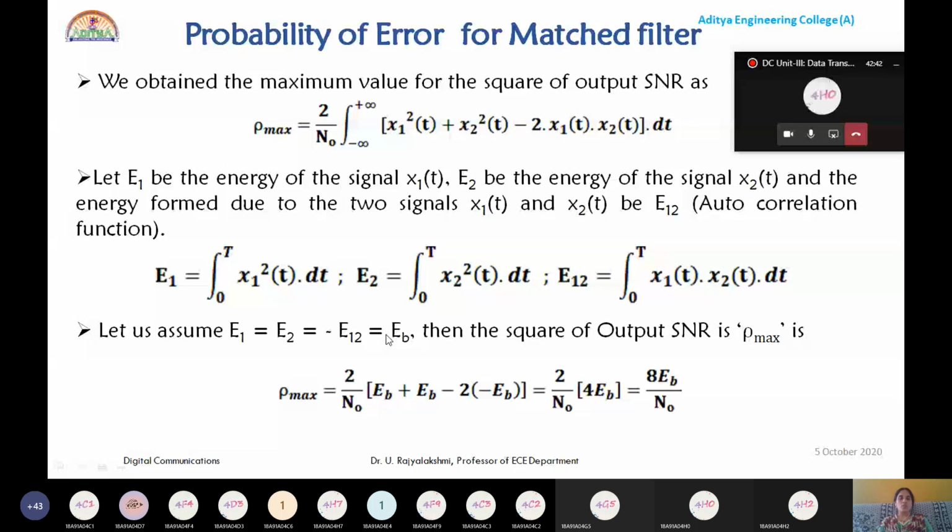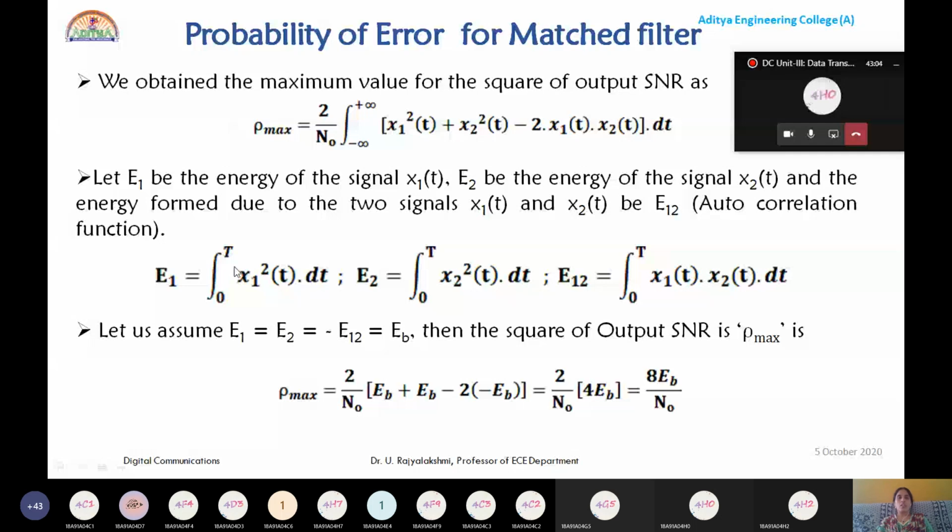If you assume like this, that assumption is based on the corresponding values of E1, E2, and then the square of output SNR will be, so what will be our square of output SNR? Please substitute all these values in the expression of maximum value for square of output SNR. That is rho max.